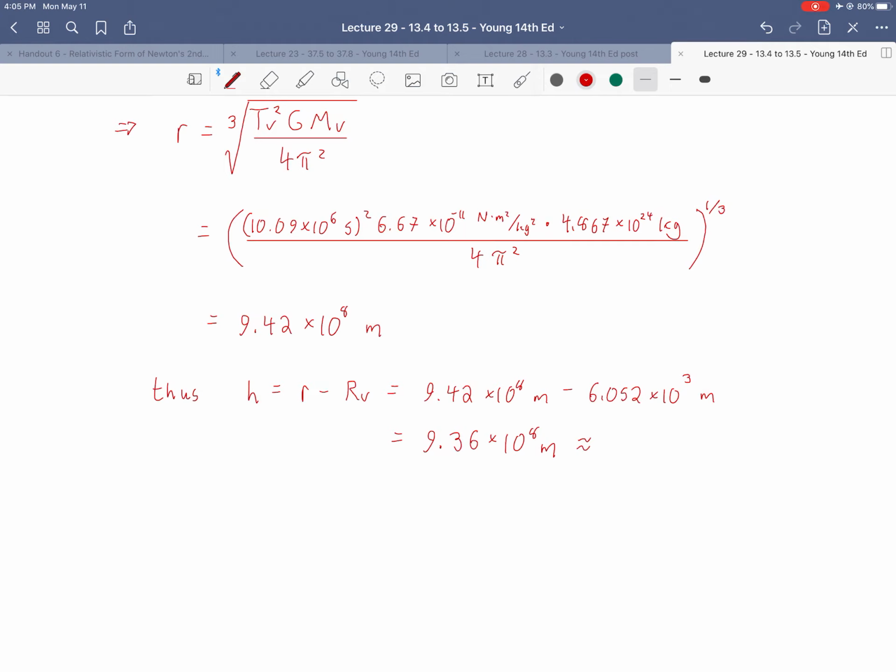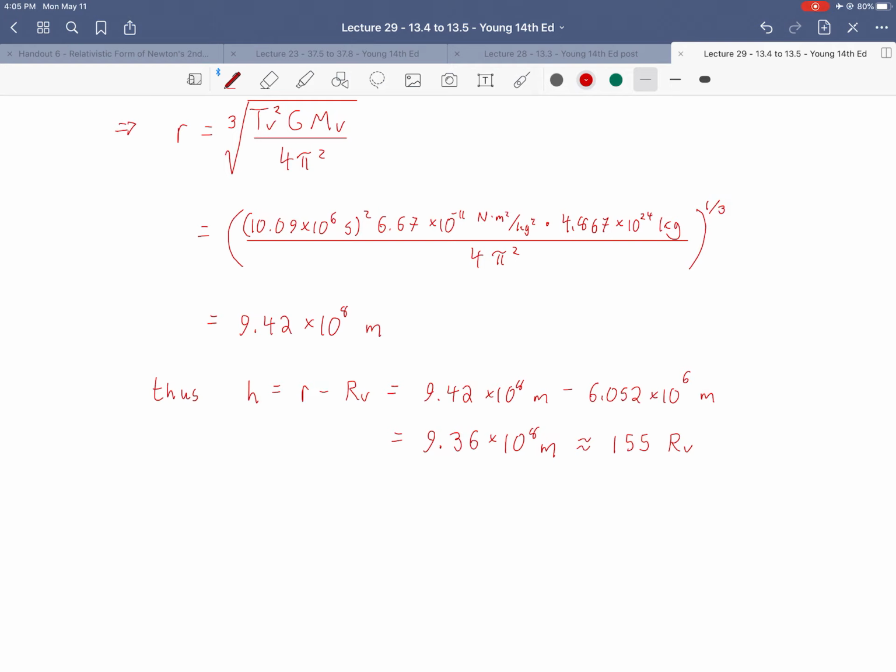So I'm going to divide that height by 6.052 times 10 to the 6, and this should say 6, of course. We end up with about 155 Venus radii, whereas I said Earth's is about 6.